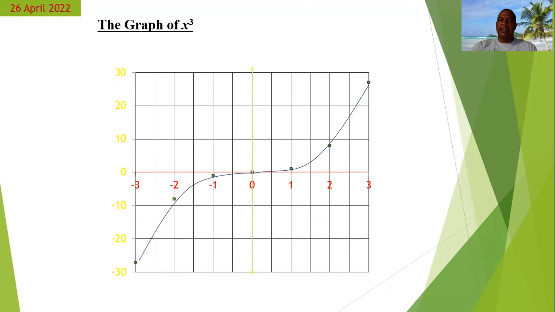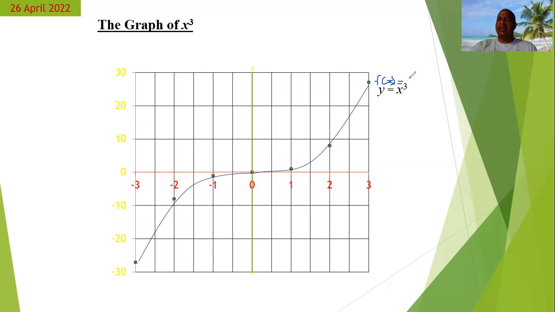Any question, guys? All right, so now here we have y equal x cubed, but denoting a function, we could write f of x is equal to x cubed.